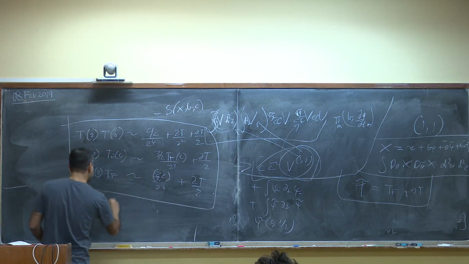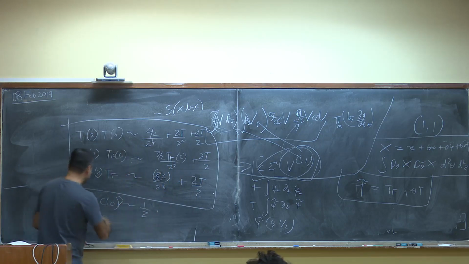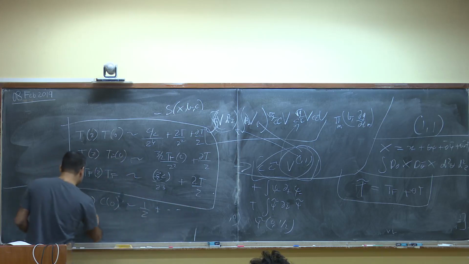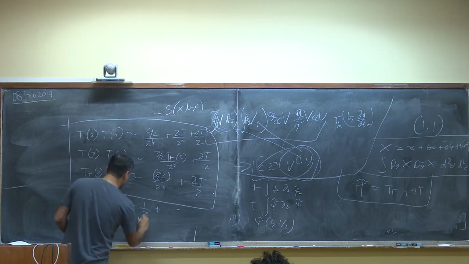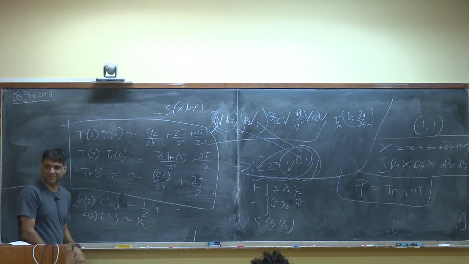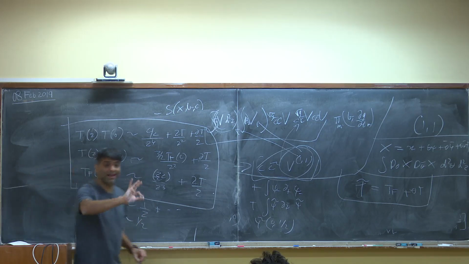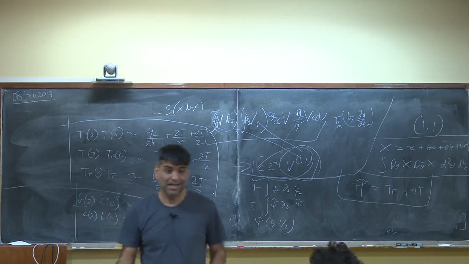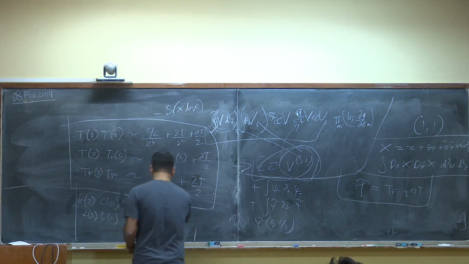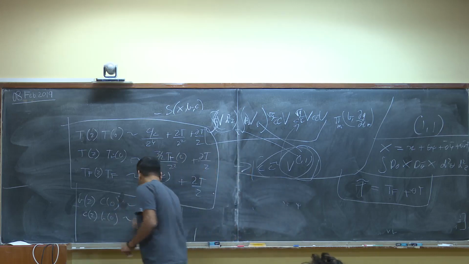You remember b of z, c of 0 was 1 by z plus dot dot dot. Remember c of z, b of 0 was also 1 by z. You might think this is odd, but it's associated with them being Grassmann. Now, the beta gammas, because they have a theta relative to b and c, are now Grassmann even.